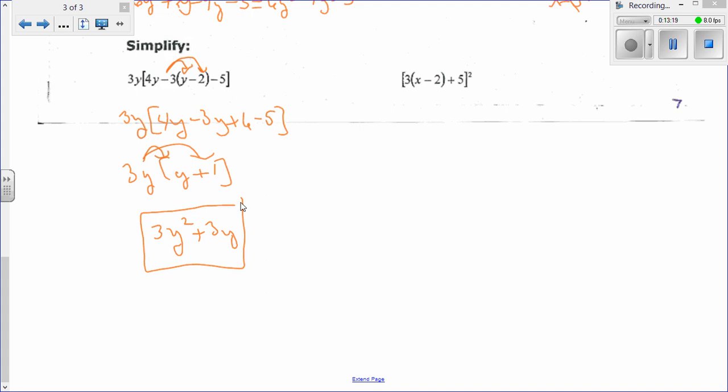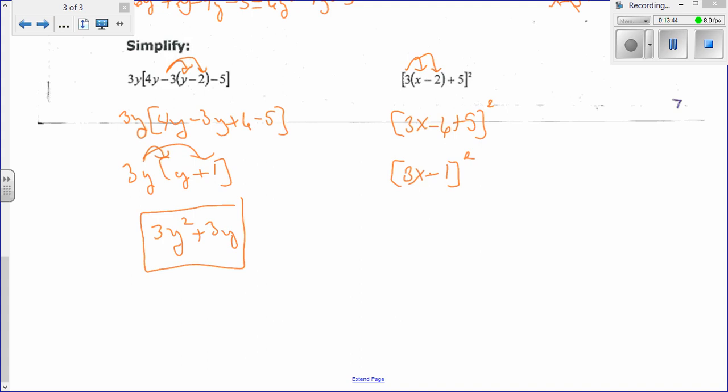For the next one, I need to simplify what's inside the brackets first and then deal with this exponent on the outside. So first I need to distribute my 3. So I will have 3x minus 6 plus 5. Close the brackets and squared. So if I look at it again, this is 3x minus 1 squared.